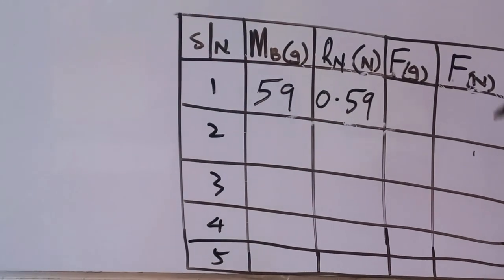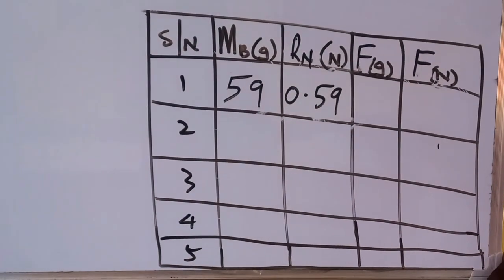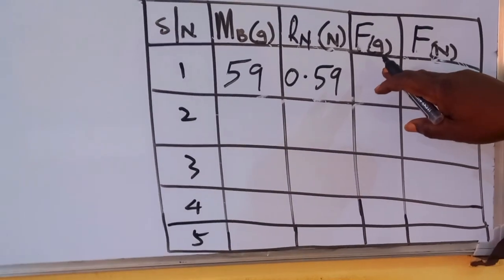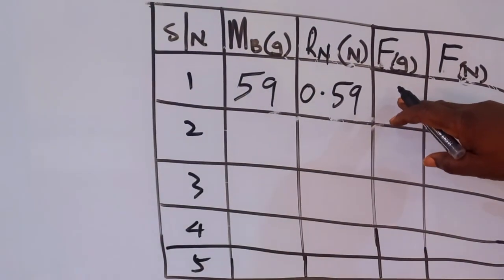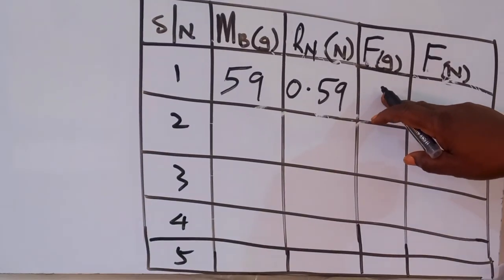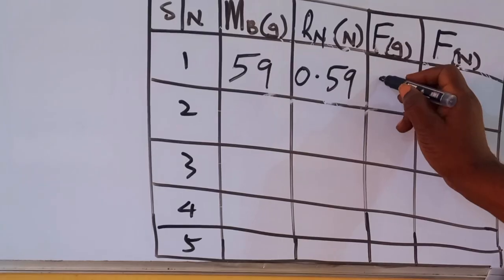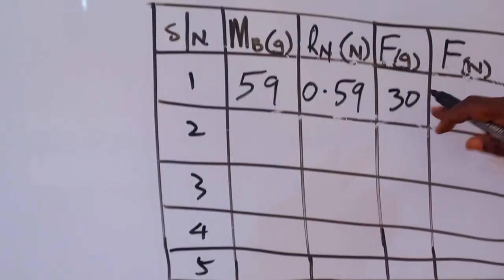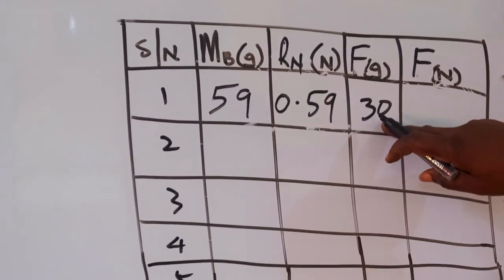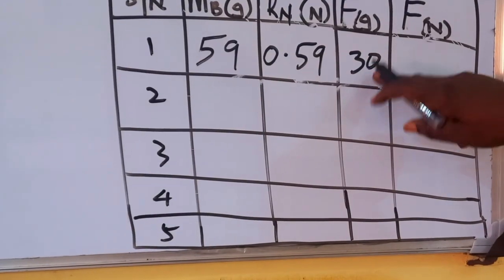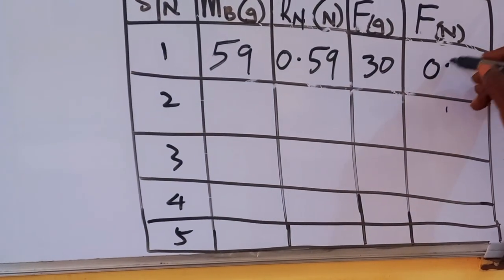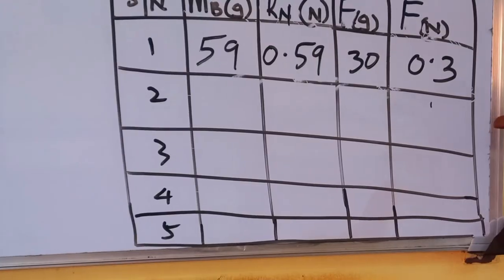Are we there? Now, the mass of the mass hanger was 20 grams, all right? When we loaded it with 10 grams, it becomes 30 grams, all right? By the time we divide 30 grams by 1,000, then multiply by 10, we'll get 0.3 Newton. Are we there?